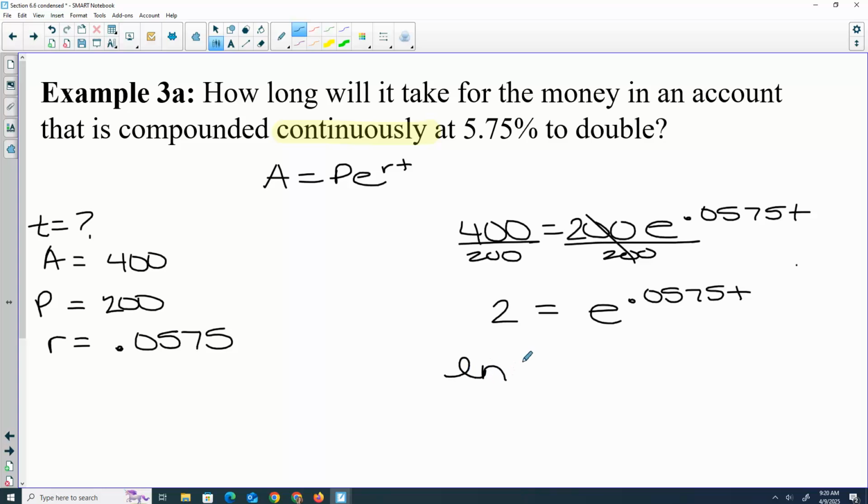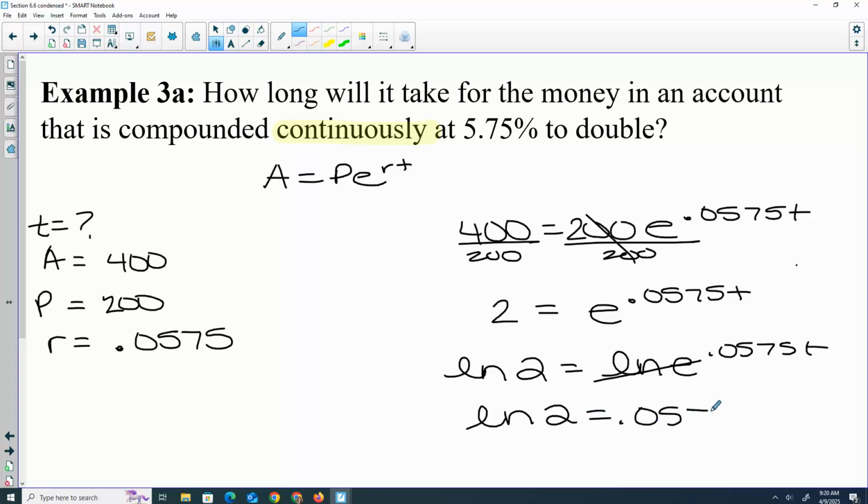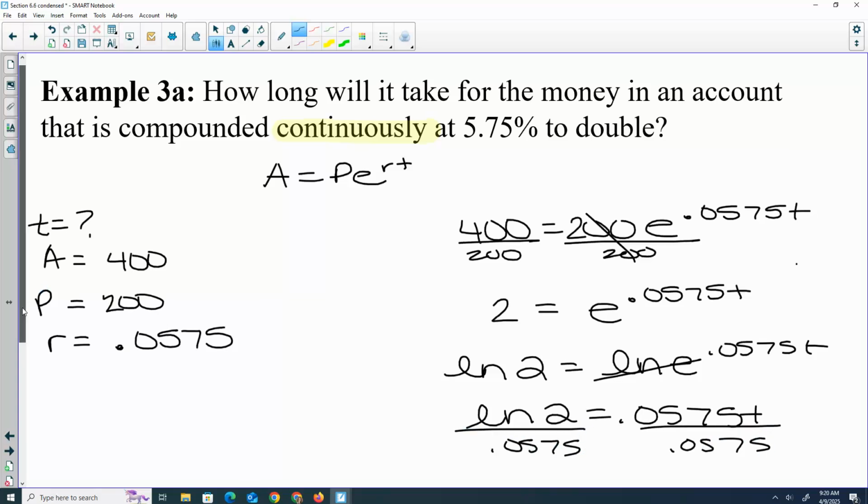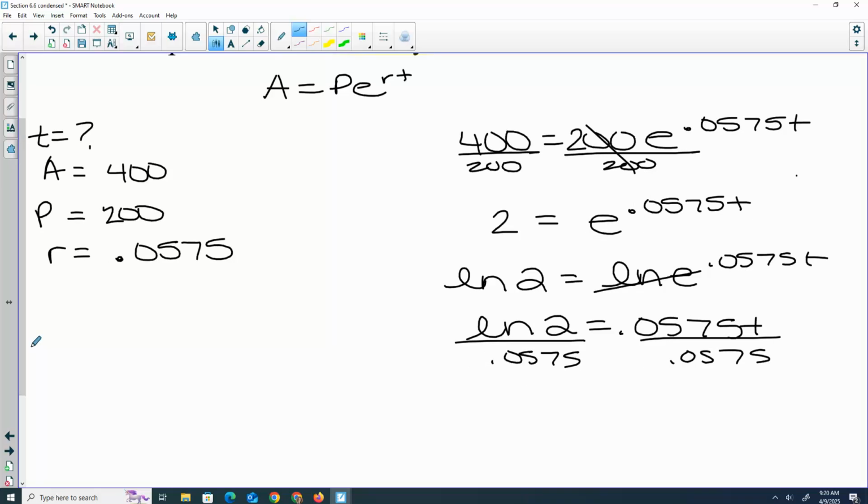Okay, missing element we drop. So we divide our 0.0575. And get our time to be 12.05 years.